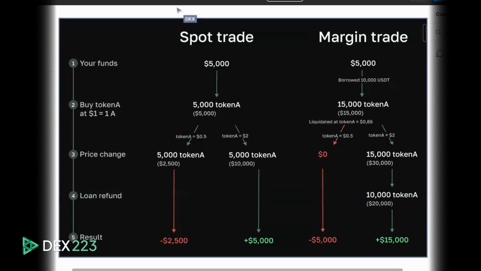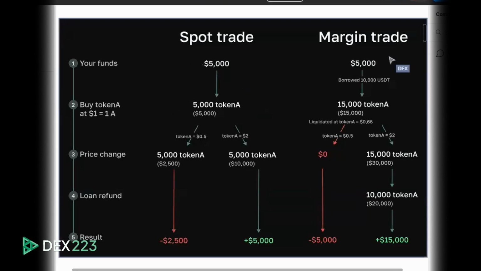So in the left column here, you can see the spot trading. For example, if you had $5,000, you can buy some token. In this example, you are buying token A at one token A per $1 price, and you will hold 5,000 of token A after this operation if you buy it through the spot trade.